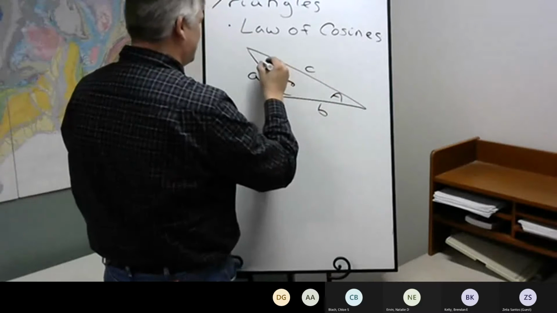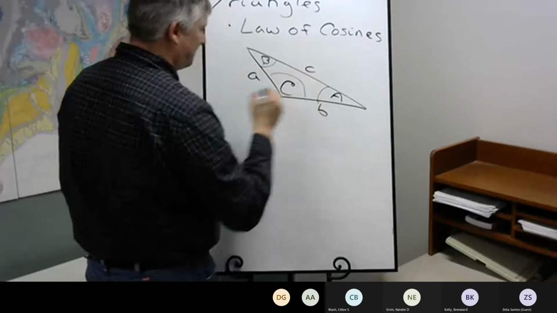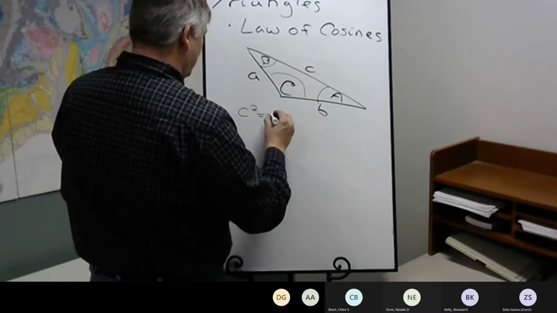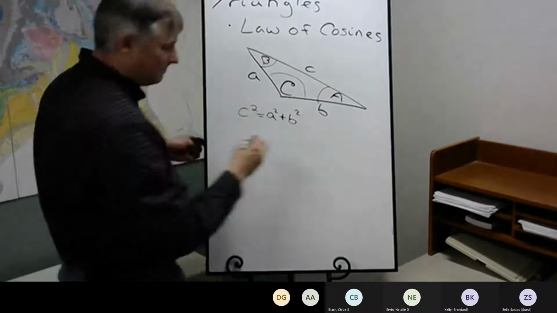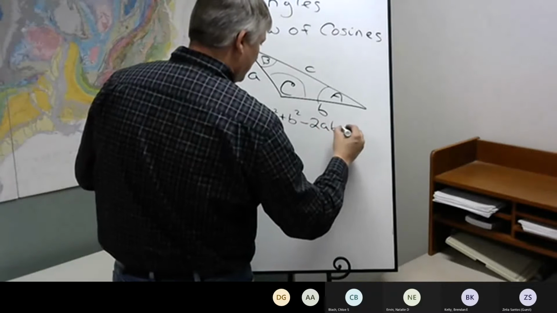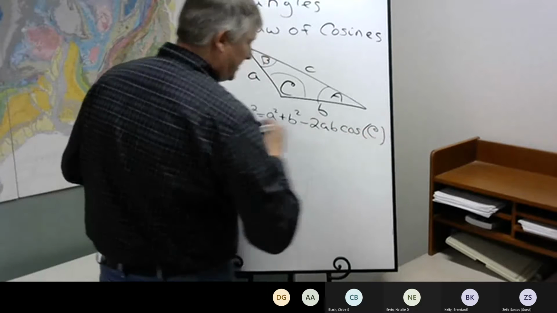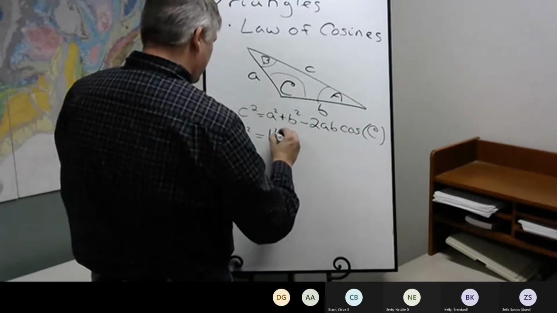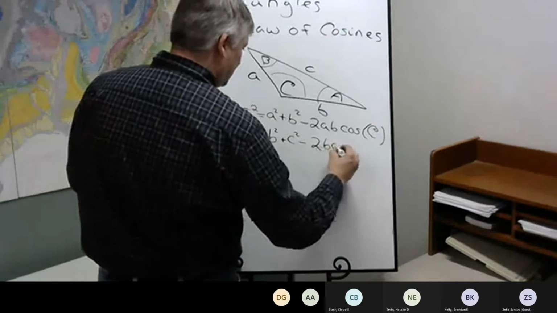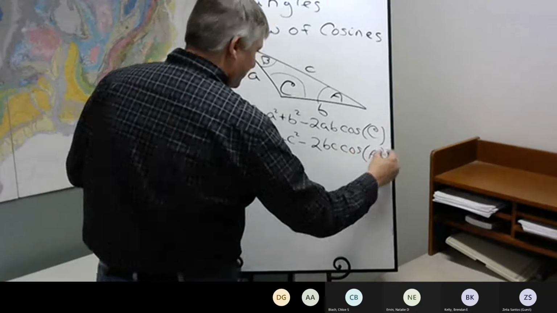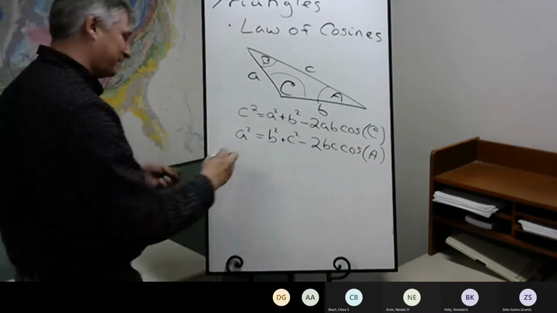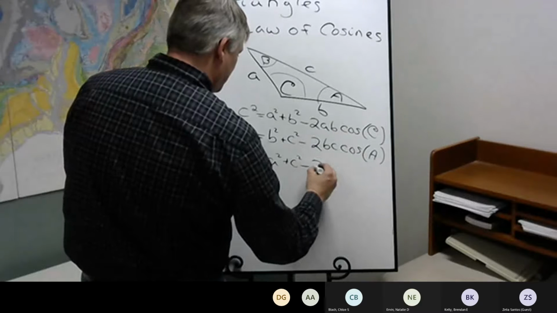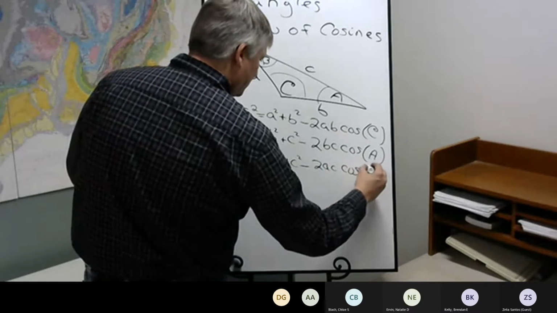This is angle A. This is angle B. So this is the law of cosines. c squared equals a squared plus b squared minus 2ab times the cosine of angle C. Or a squared is b squared plus c squared minus 2bc times the cosine of angle A. Or b squared equals a squared plus c squared minus 2ac times the cosine of angle B.